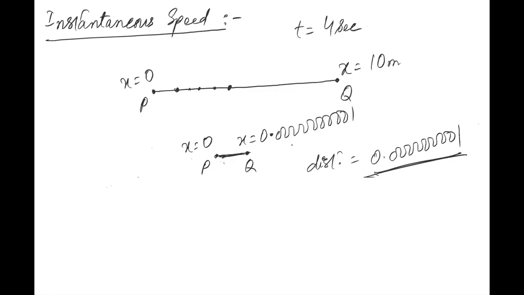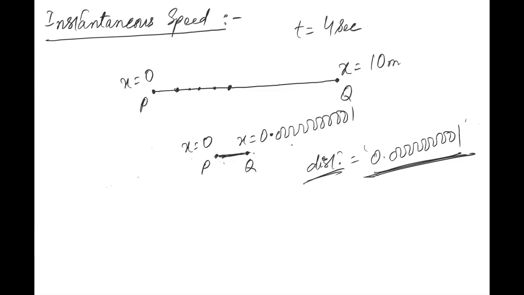So if such a small distance is there and you have to find the speed for this small distance, as you have moved from this point to that point by a very small distance, what is your speed in going from P to Q by a very small distance of 0.0001? Such a speed that is calculated for a very small distance. How small?